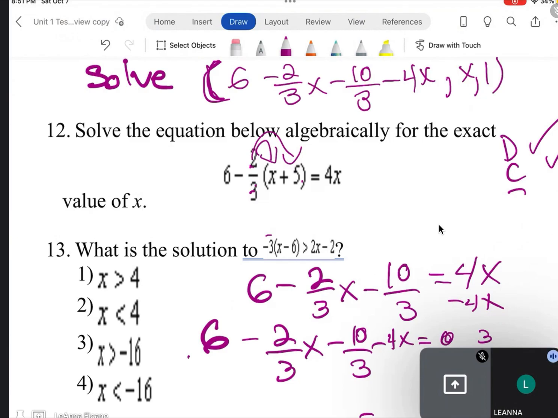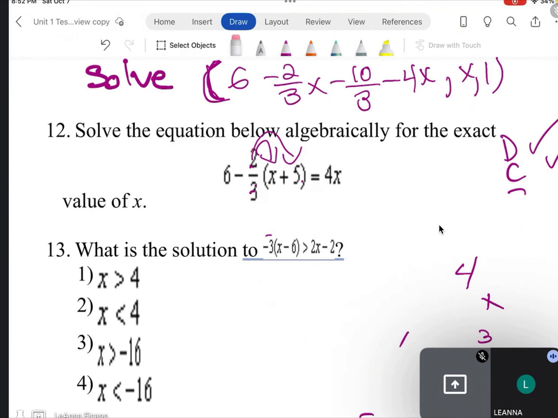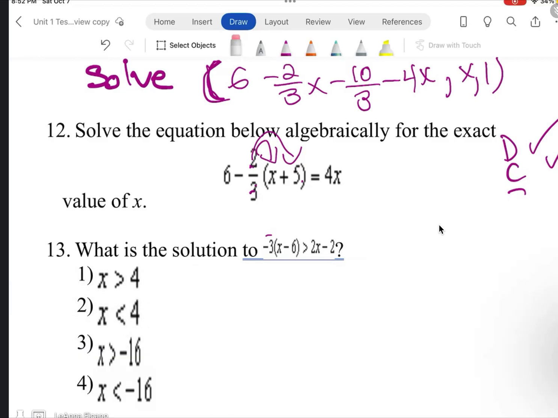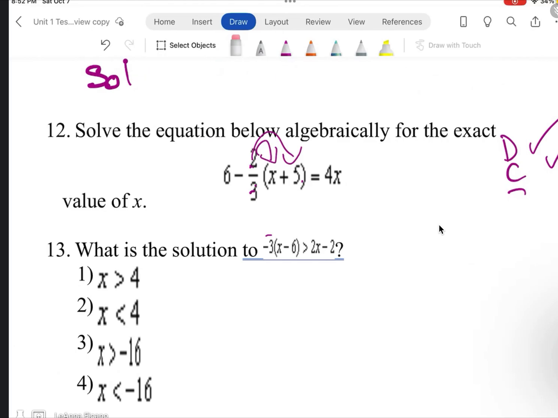You close your bracket and you hit enter, and it's going to give you an answer for x. Okay. I combine like terms before I do that because I like to give the calculator the least amount of information so it's easier on it. But I've seen you guys do it where you ended up putting a lot more stuff in, and the calculator kind of knows what to do as long as you're keeping track of everything and keeping it organized.